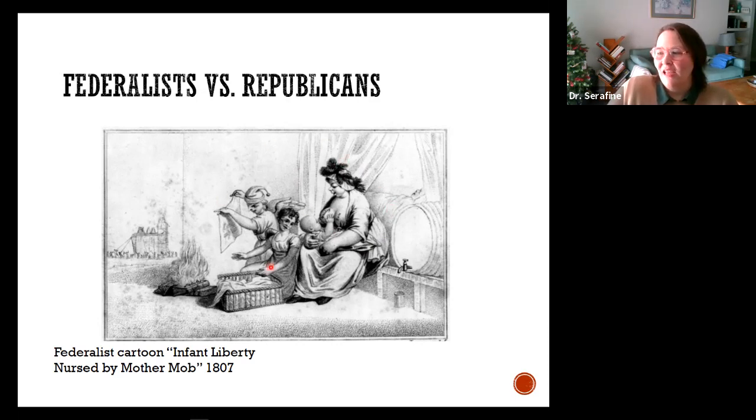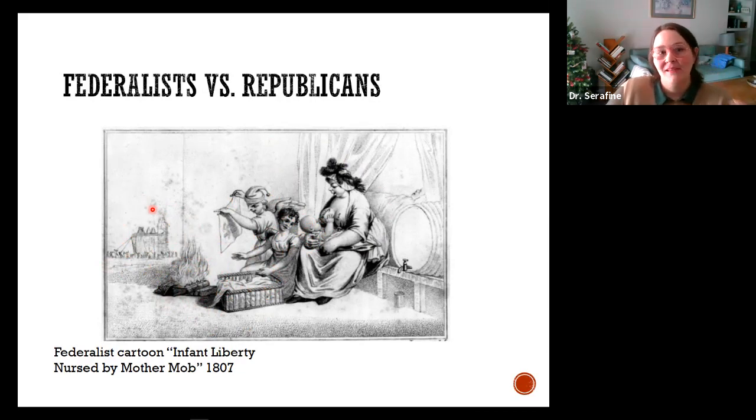You could see here a little imp. These got the various books of law on fire, fanning it with the Constitution. Little girl here is like, yeah, should we put the baby infant liberty right into the fire? In the back, this will be odd. It's the storming of the Bastille, the moment in the French Revolution when the Bastille was stormed.